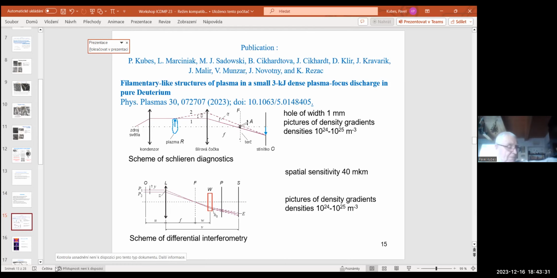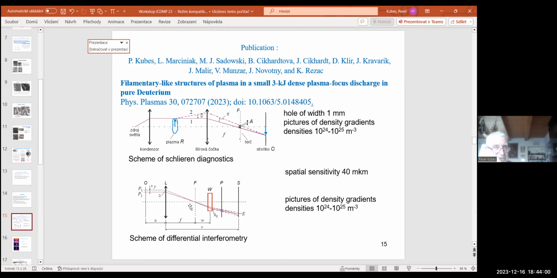Second publication was from experiments which were done in a small plasma focus in Czech Technical University. And here we use very fine diagnostics, refractive diagnostic with Schlieren method, and a second method using a Wollaston prism.